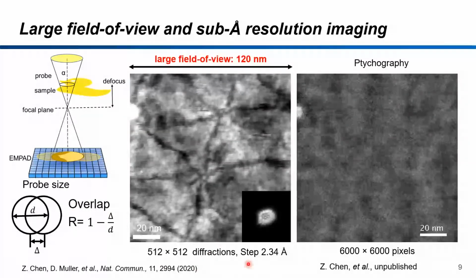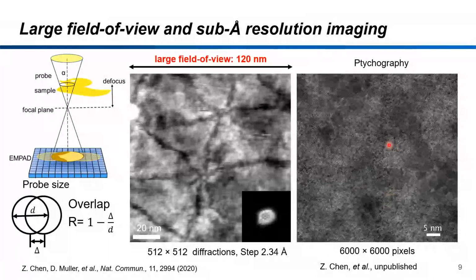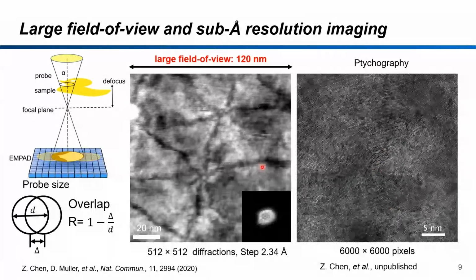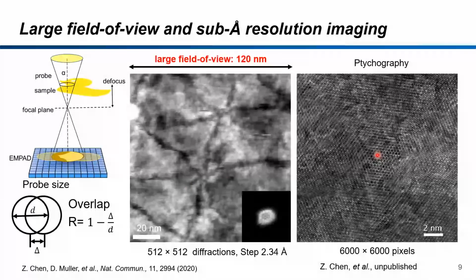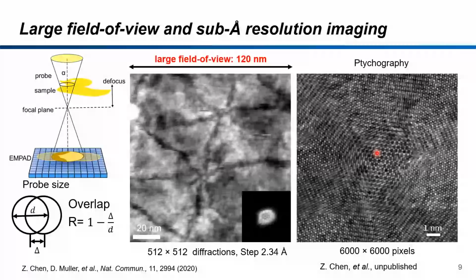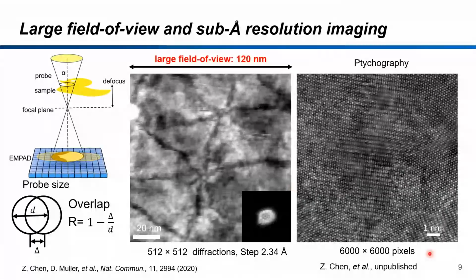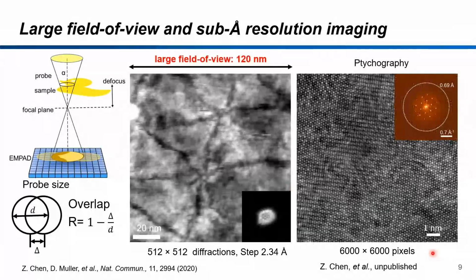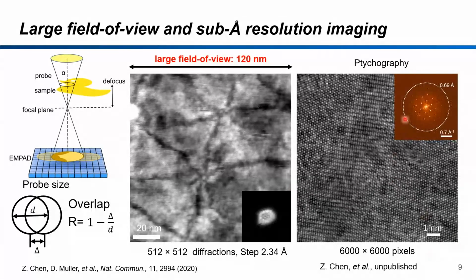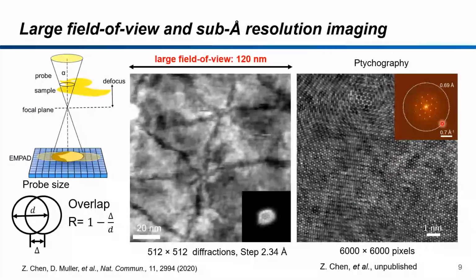So we can get a large field of view. Here is one example showing a field of view of 120 by 120 nanometers square. And you can see atomic structure details from both these domain wall centers and domain walls in this twisted bilayer MoS2 sample. And the spatial resolution of this reconstruction is still better than 0.7 angstrom.